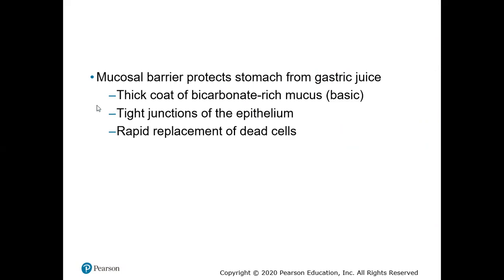There are also tight junctions of the epithelium to prevent digestive enzymes from going anywhere other than the stomach lumen. And then there's a rapid replacement of the stomach epithelial lining. The stomach epithelium is replaced every 3 to 6 days. So those are some of the protective mechanisms of the stomach.